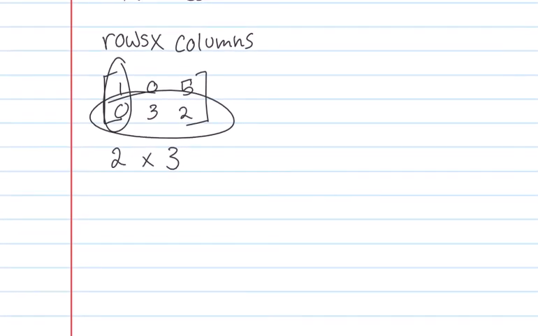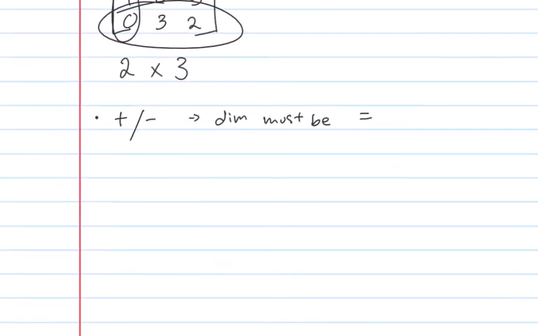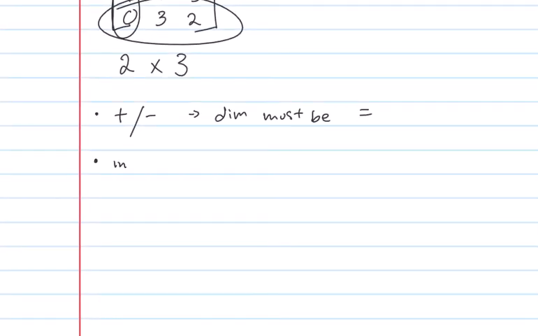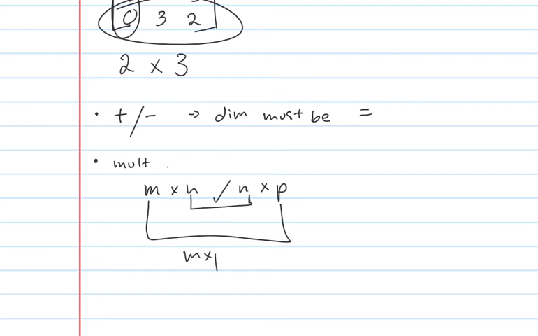So in order to add or subtract, dimensions must be equal. Alright, and in order to multiply, we need to have an m by n, and then on the right side an n by p. So those have to be the same, and then our new dimension would be an m by p.